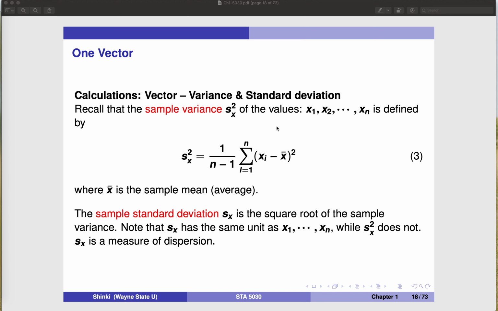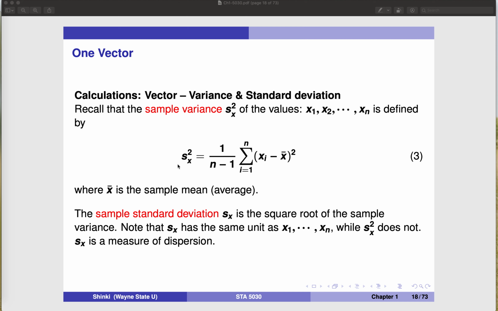Okay, so now that we have defined sample variance, what's the unit for sample variance? Suppose the xi's are all in kilograms. What's the unit of S sub x square? You can see that we take the square of these numbers, so the unit is square kilograms, which does not make sense in the real world.